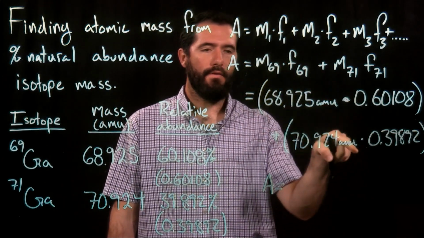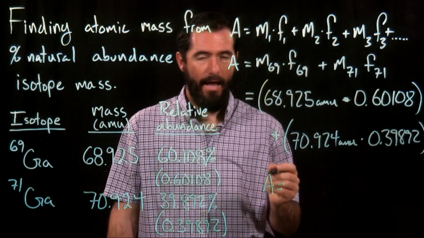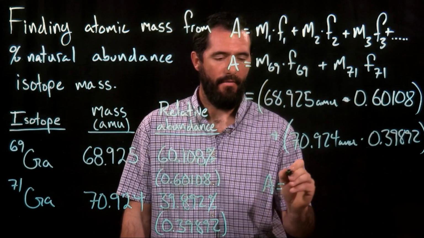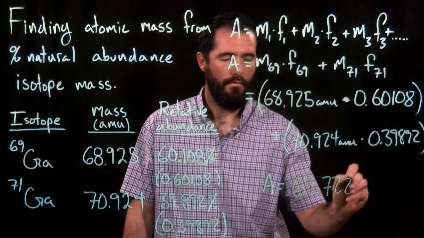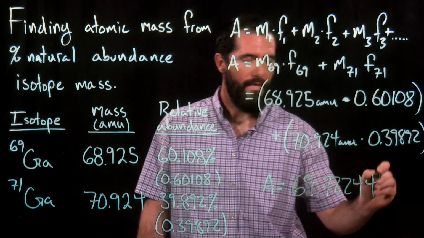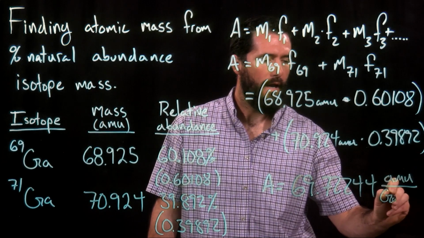If you evaluate this quantity, you can get the average mass of a gallium atom within this population, and you get a value of 69.72244 AMUs per gallium atom.